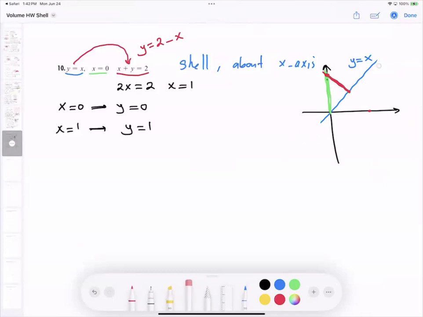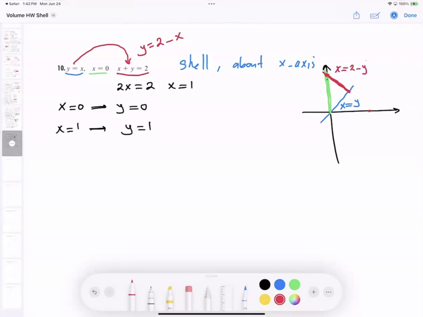So we are basically taking this object and rotating it about the x-axis. But remember that since we're using the shell method and it's rotated about the x-axis, you need to write everything in terms of y. So now this line here is x equals y, and on top your x is equal to 2 minus y.